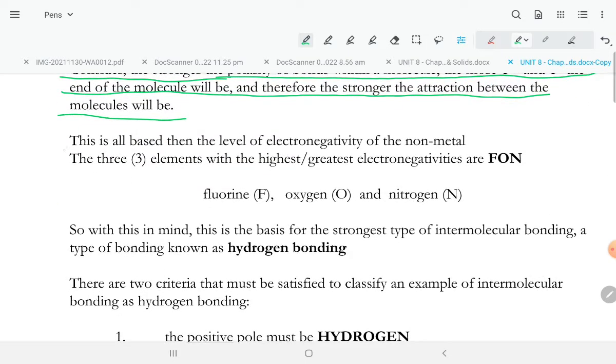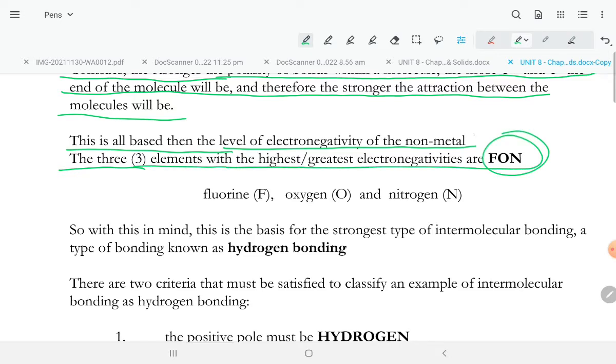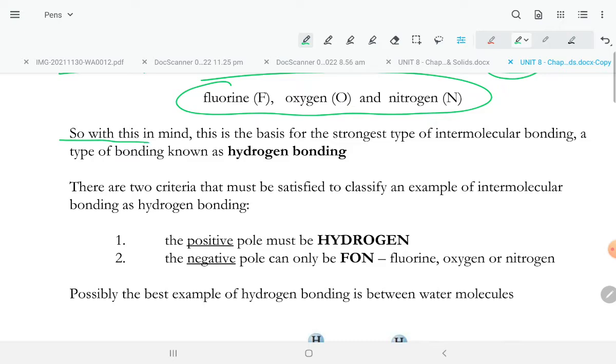This is all based on the level of electronegativity of the atoms. The three elements with the greatest electronegativity are fluorine, oxygen, and nitrogen. With this in mind, this is the basis of the strongest type of intermolecular bonding, known as hydrogen bonding.